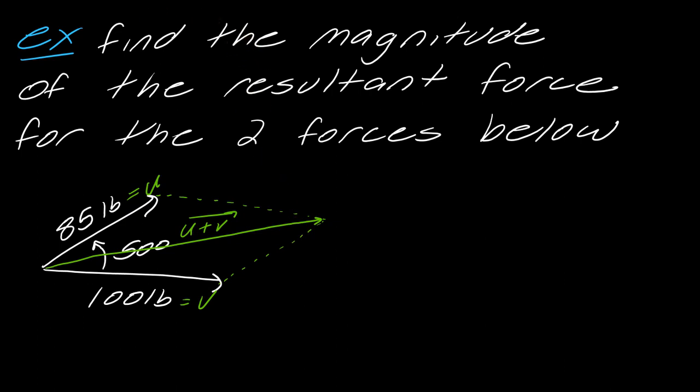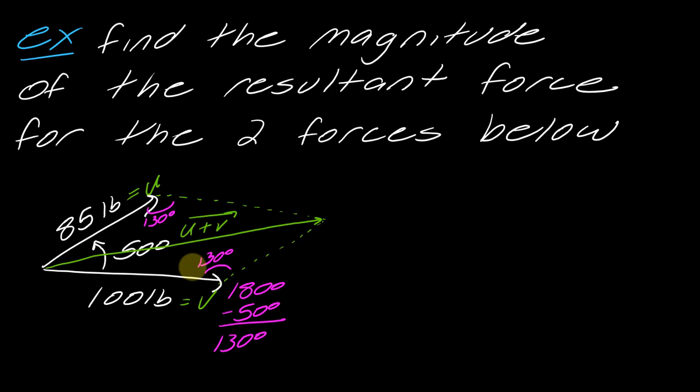To do this, we're going to have to take in some information I gave you earlier. If this angle here is 50 degrees, then a property of the parallelogram is that this other angle here can be found by taking 180 minus that first angle. So this angle here now I know is 130.